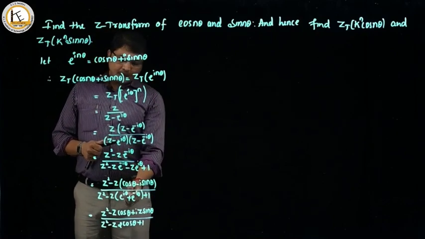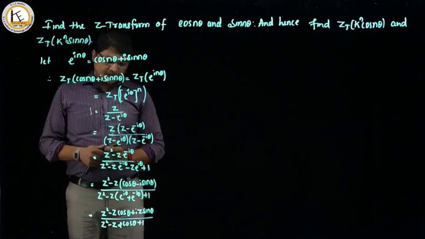When you add e raised to i theta plus e raised to minus i theta, then definitely we get 2 times cos theta.